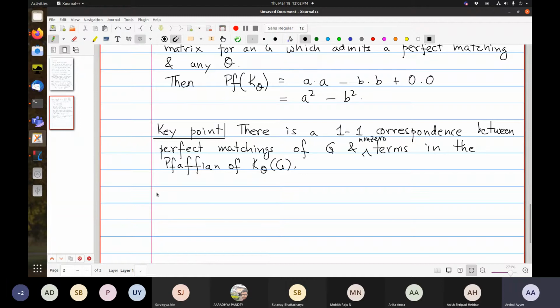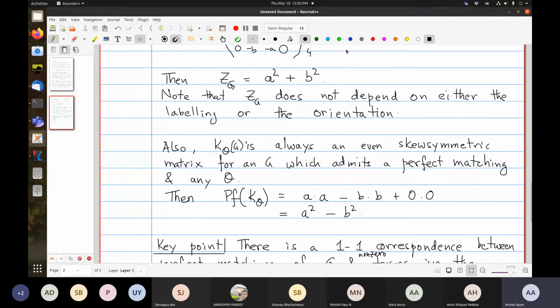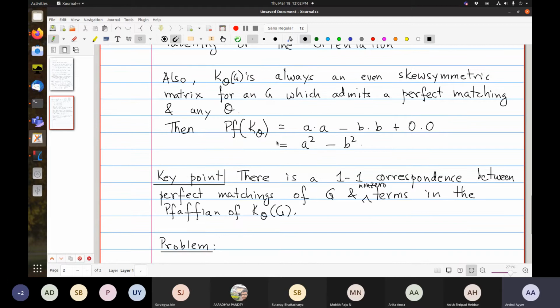But what is the problem? The problem you can already see here. This partition function is a manifestly positive sum, but there is no such guarantee for the Pfaffian. In particular, different orientations will give you different signs.